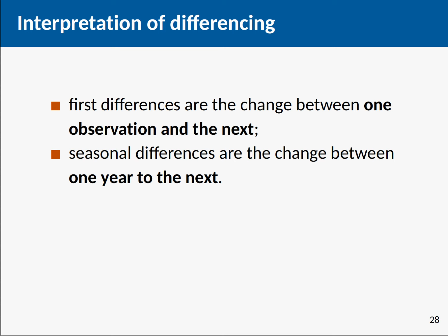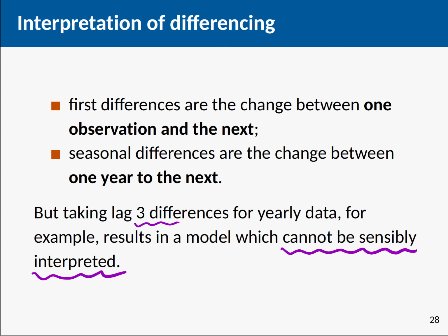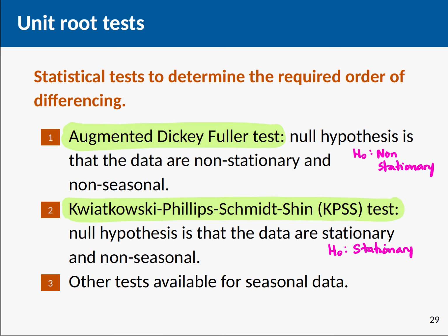And when we are looking at seasonal differences, then we are looking at the change between one year to the next. So if you sort of difference your data 3 times for annual observations, the model is not going to be easily interpreted. Okay, so you want to be careful of that.